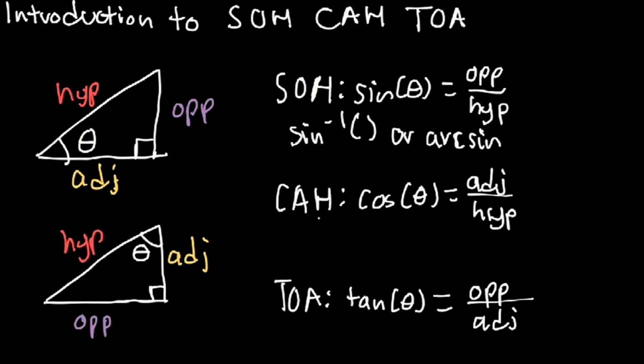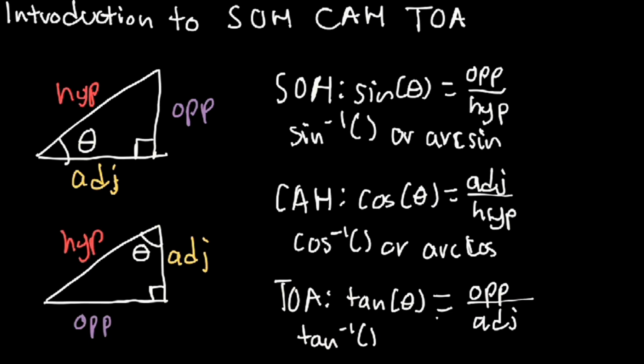And for cosine, it is cosine with -1, tangent is tan with -1, and the arcs too. It's not too hard to understand. The biggest takeaway here is you have to know what the sides of a right triangle are called when given an angle.